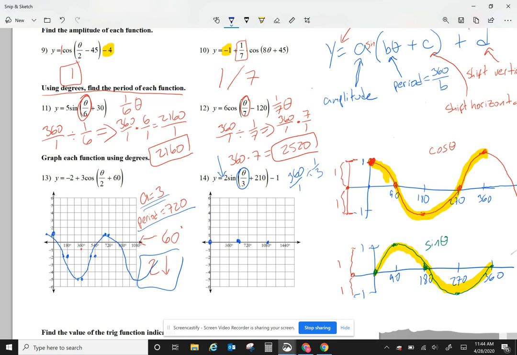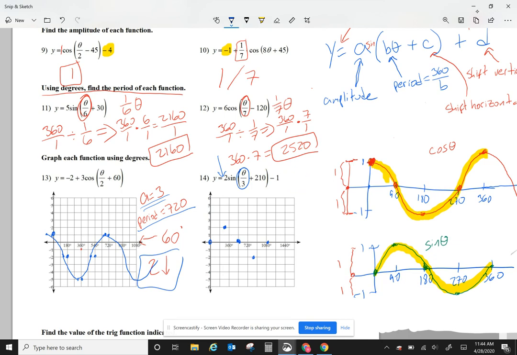It begins at 0, it ends at 0, and right in between them, it's 0. Now, because my amplitude is 2, I'm going to say it goes as high as 2, and then it goes as down as -2. That's how it is originally, taking care of the period and the amplitude.